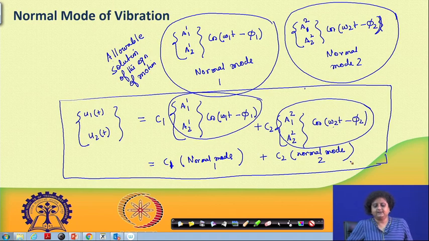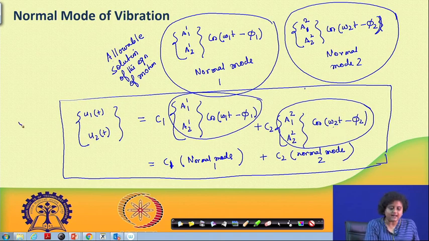Now, let us see how this works. I know A1, A2, and I know omega 1 and omega 2. Now, I will have 4 initial conditions, that is, 2 displacements: I will know u1 0 and u2 0. This should be given to me. I will also know u1 dot 0 and u2 dot 0.